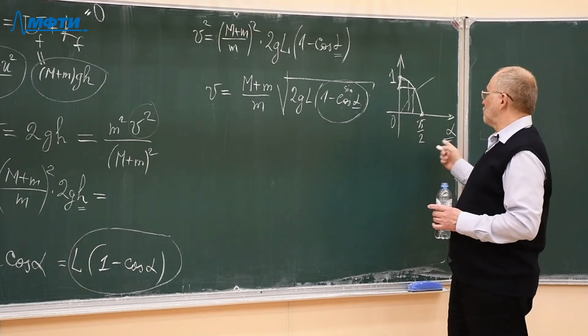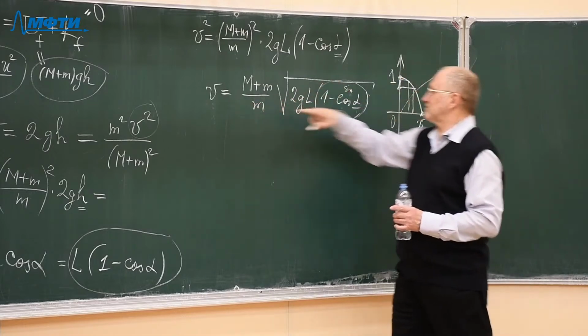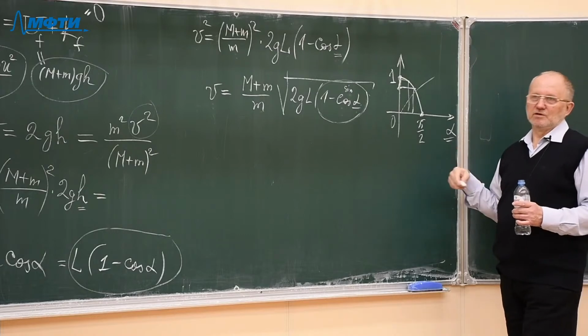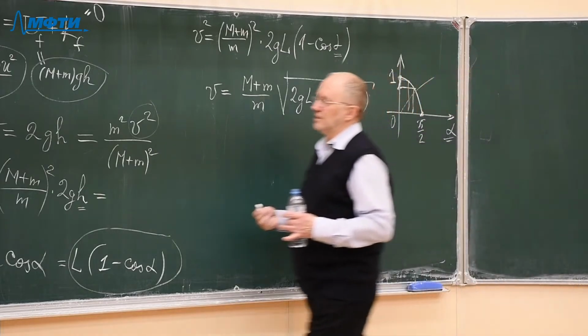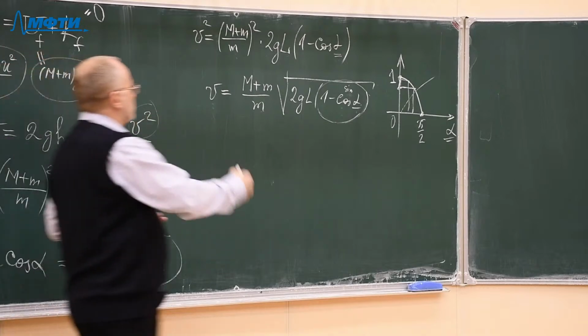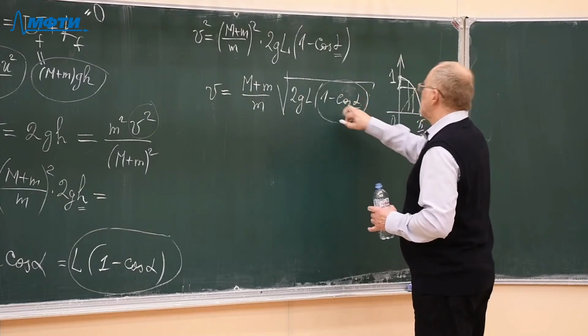And so with the sine, the formula would give smaller velocities for larger angles. That's unreasonable. We understand from intuition that the larger the velocity of the bullet, the larger will be the deflection of the box. So just analyzing this formula, we can see that it looks reasonable.